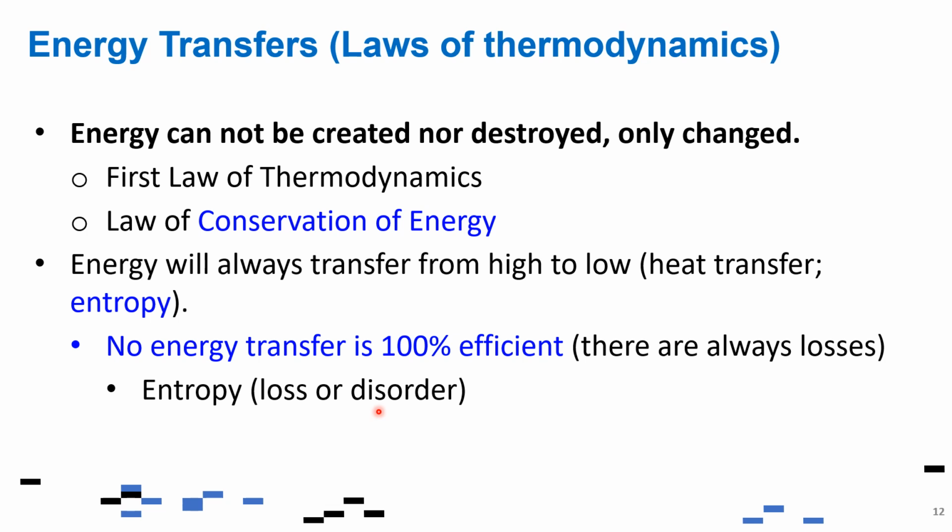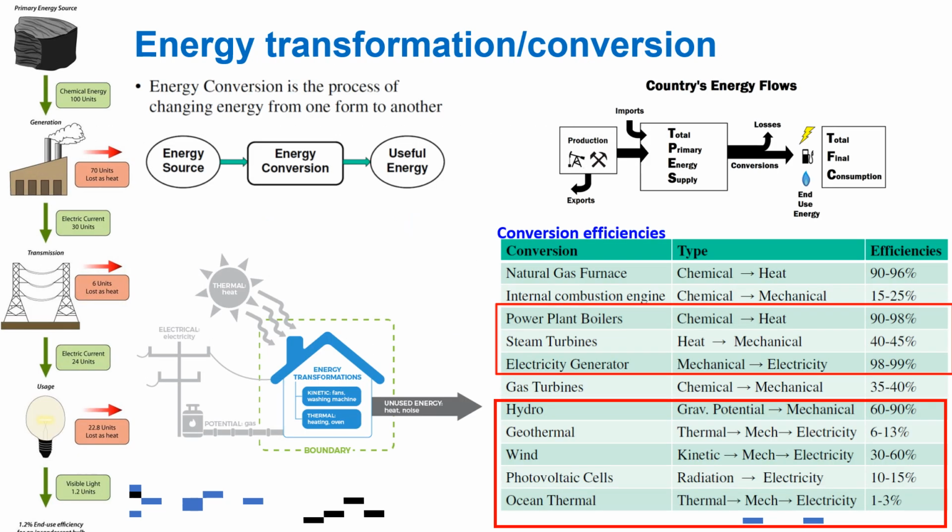Okay, so what it means is that, for example, in coal mining, if you get a large amount of coal, that total energy of coal will not be 100% efficiently used to create the electricity at the end. So we'll take a look at that with the energy transformation. So I've mentioned before, for a primary energy source like coal, let's say for example it has 100 units of energy stored in this coal.